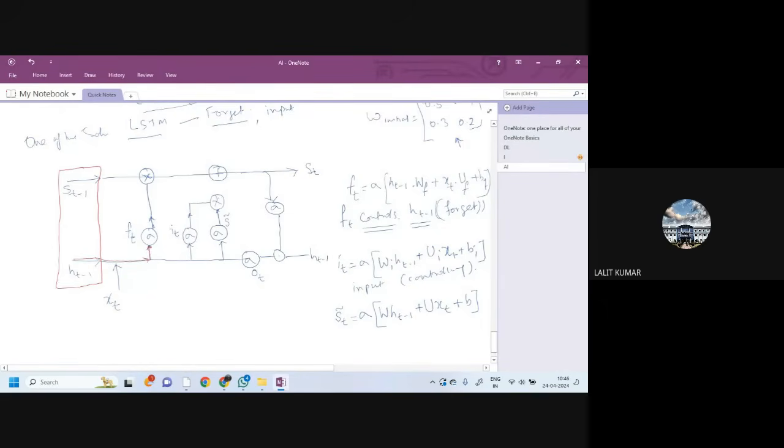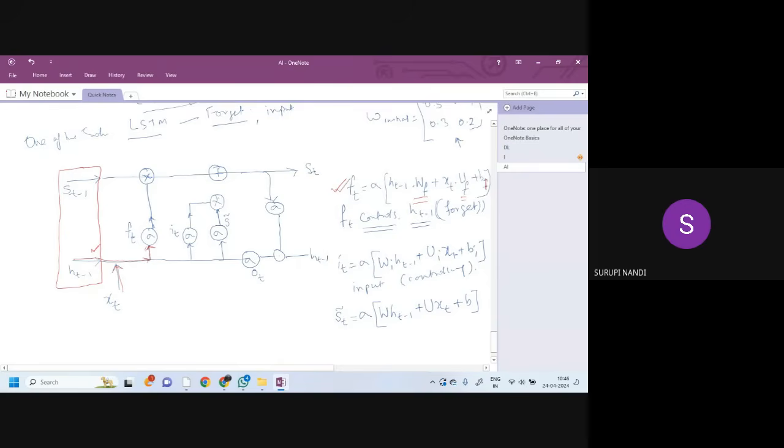First gate is the forget gate, in which I want to decide whether I have to take input from HT minus 1 or not. XT is the input which is coming from down. So FT is tanh of WF into HT minus 1 plus UF into XT plus bias of the forget. So this is clear, the forget part.